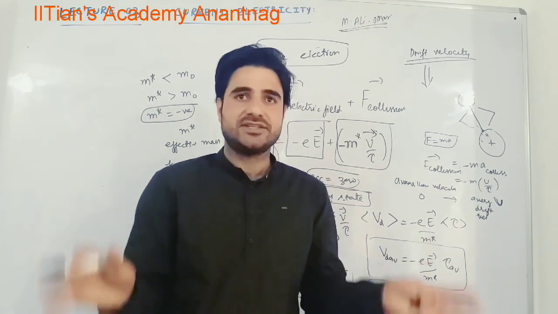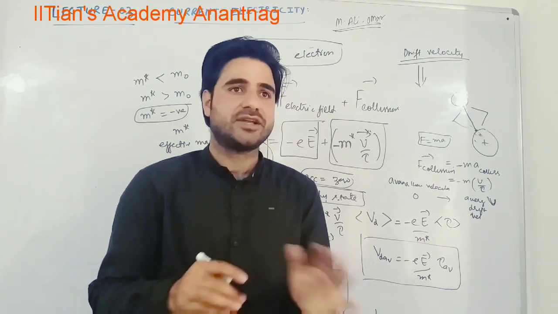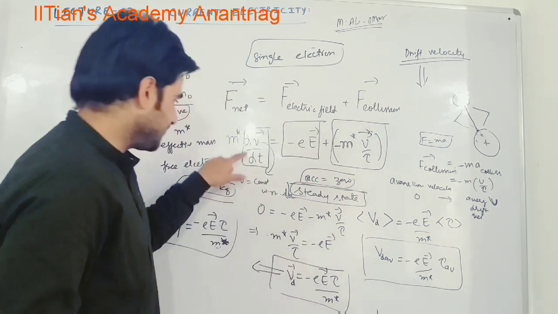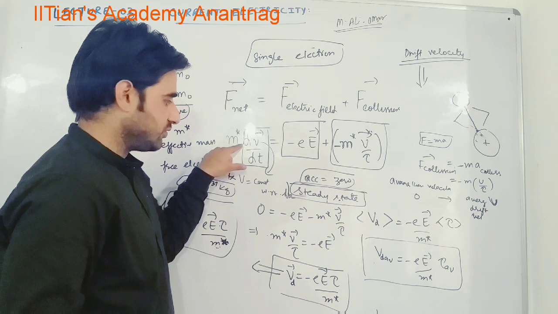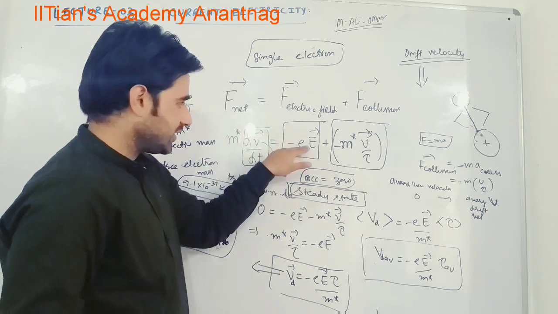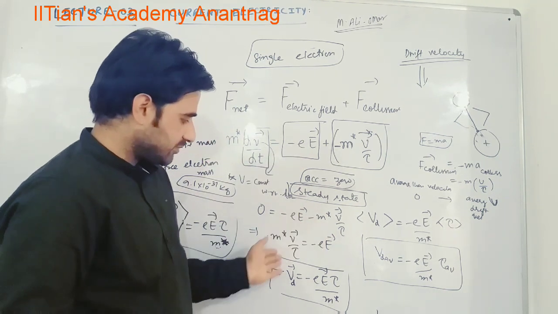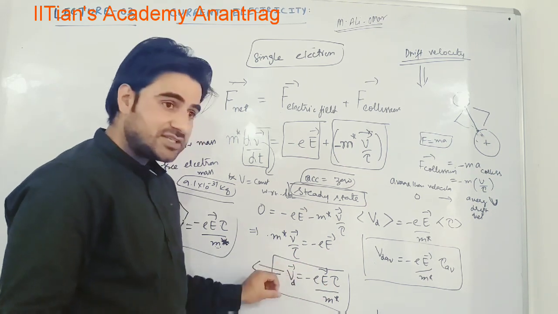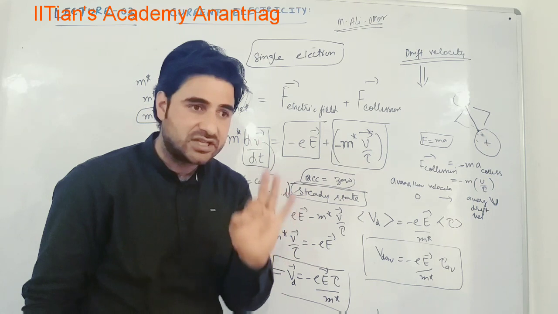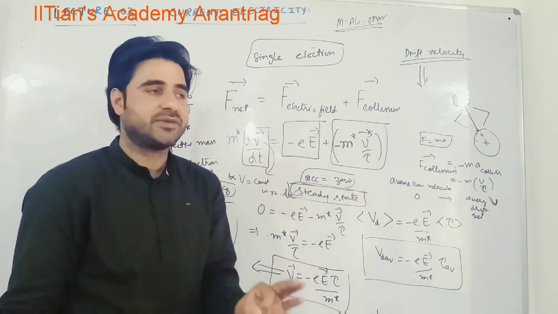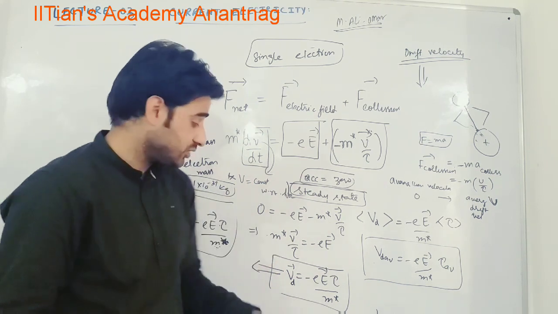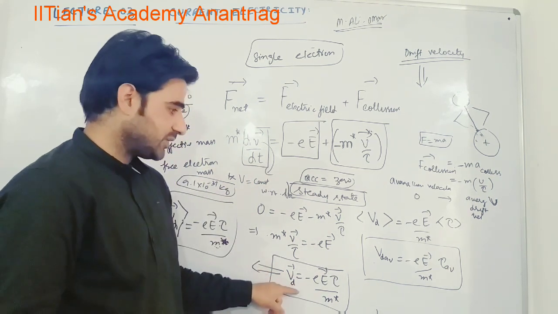In steady state, although there is acceleration from the electric field, it is counterbalanced by retardation from the collision. In steady state, net acceleration will be 0. So the left term will be 0, and after some modifications I have V is equal to minus E tau by m star. This is the terminal constant velocity obtained by the electron opposite to the direction of electric field, although very small in magnitude. This is what we call drift velocity.